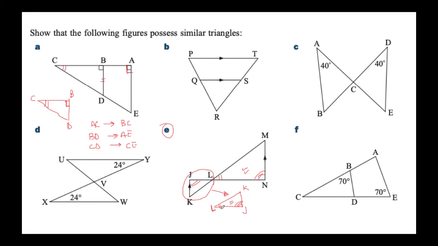We can say triangle LKJ is similar to triangle LMN. Now observe the corresponding sides. The corresponding side of LM would be LK, of MN would be KJ, and of LN would be LJ. Clear?